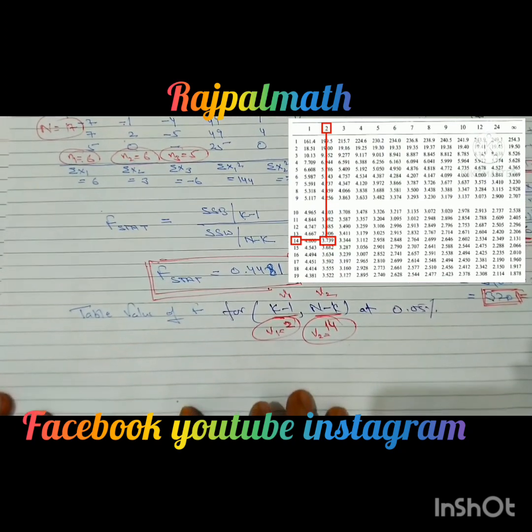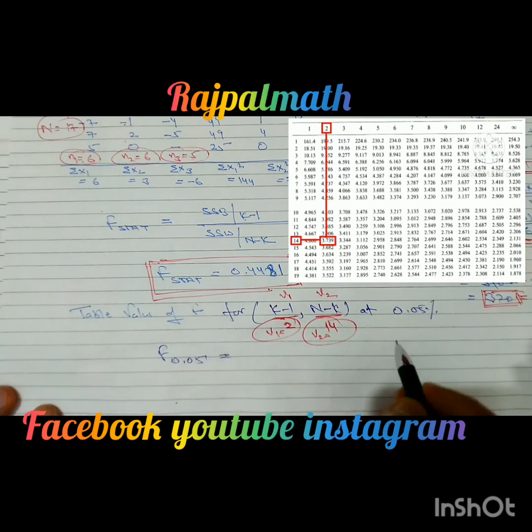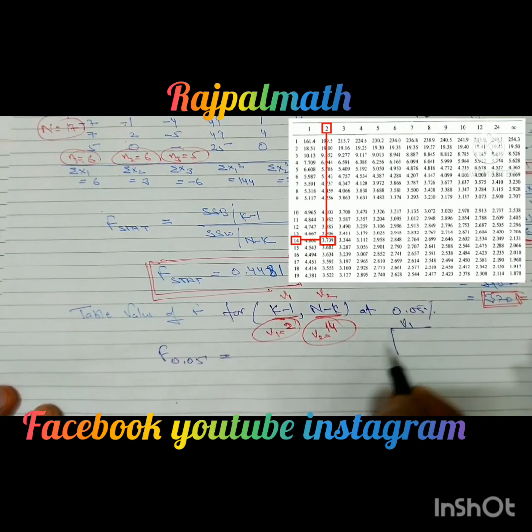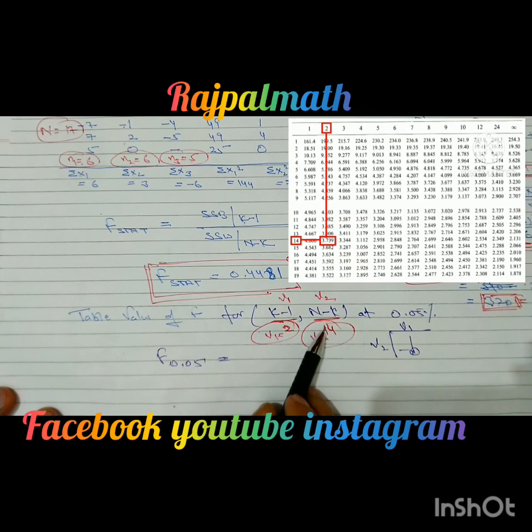Therefore the table value at the 5% significance level: find the nu1, nu2 table value. Nu1 is 2 and nu2 is 14.